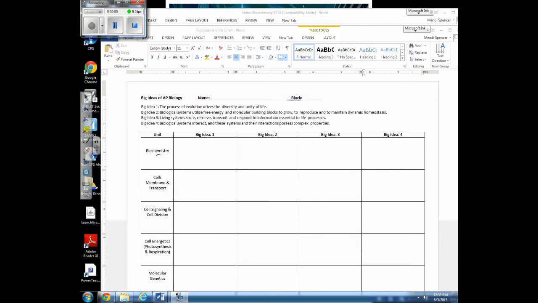Now, I understand these are tiny boxes, so we're going to paraphrase these statements, but we're going to give enough information that in May, when you're looking at this statement, you have an idea of how this concept in biochemistry is related to evolution. So with as few words as possible, I'm going to write: sequencing DNA indicates relatedness.